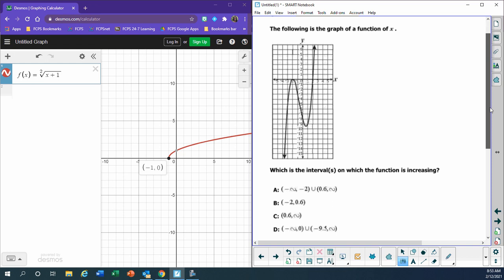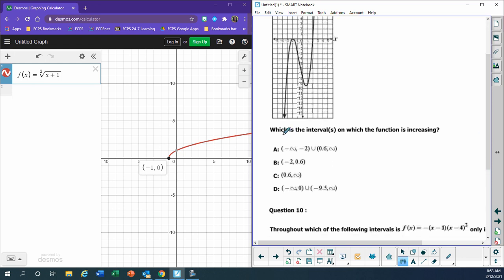All right, something similar graph, but now it says write the intervals in which the function is increasing. Remember, we increase as we go up and we decrease as we go down. So from here, as I go up until here, right? And then when I go down, from here to here, I go down, right there. And then I go up again from here, so we go up, okay?